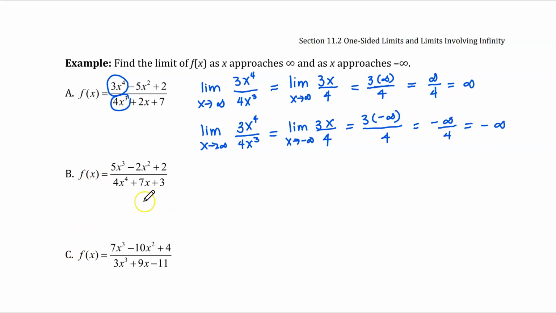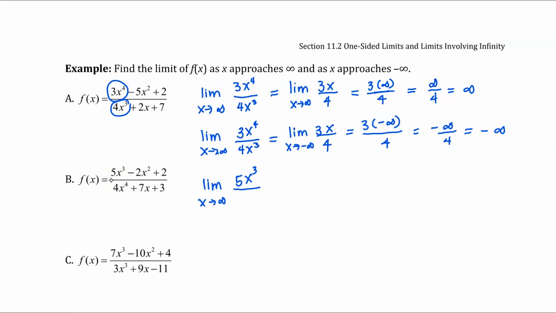Similarly, when you consider the function here, and you want to evaluate the limit as x approaches positive infinity, all you need to do is take the leading term in the numerator. So you have 5x cubed. And the leading term in the denominator, the term with the highest exponent, is 4x to the 4th. And then you simplify.